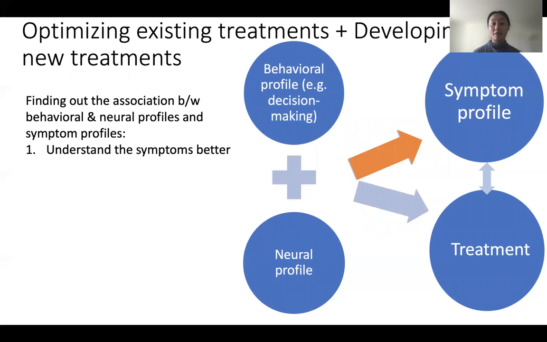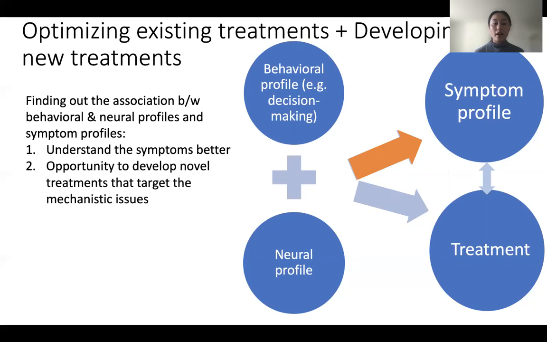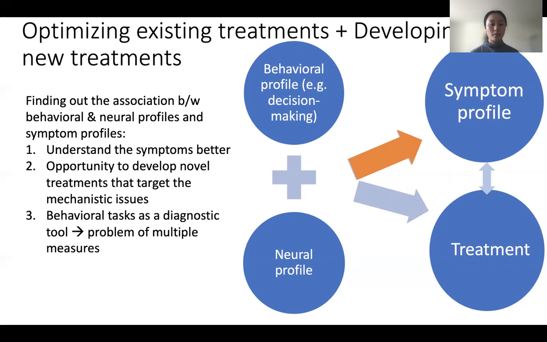Because now we find the behavioral and neural signatures for this configuration of symptoms. And we also have opportunities to develop novel treatments that target the mechanistic issues as opposed to the symptoms.